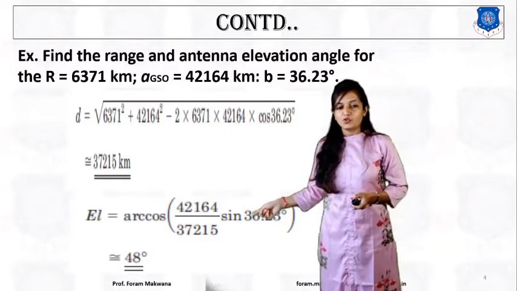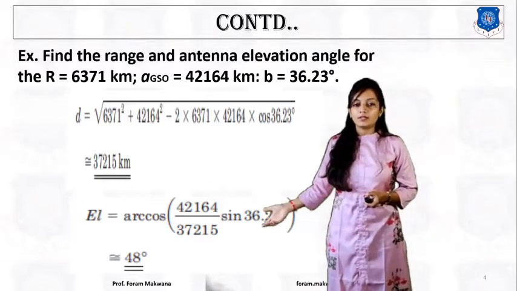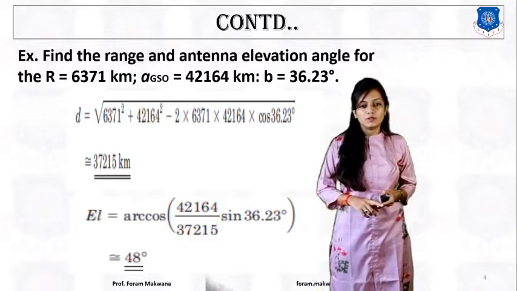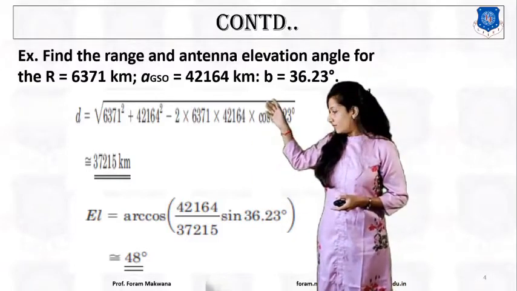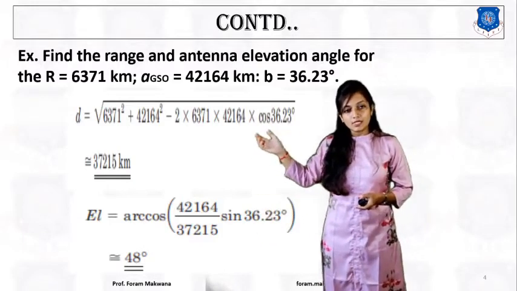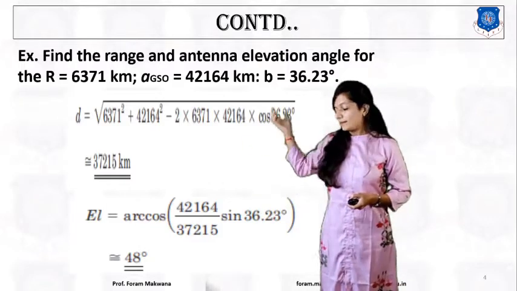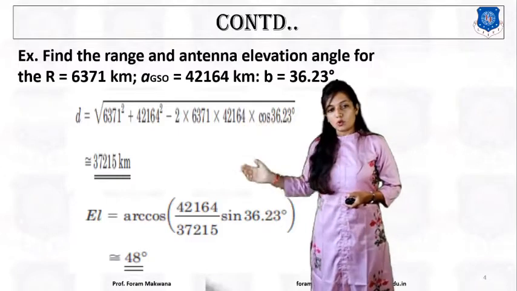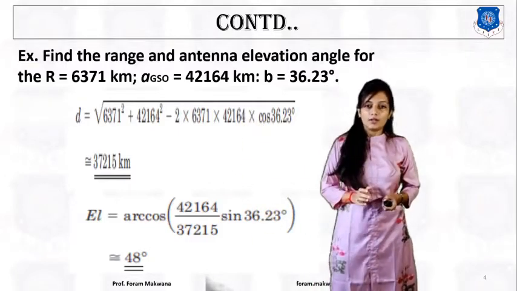So the value of the elevation angle is 48 degree by calculating this term. Arc cos stands for the cos inverse. Based on the given values, we are able to calculate the value of d and the elevation angle from these two formulas. By remembering these two formulas, you are able to calculate the value of elevation angle.